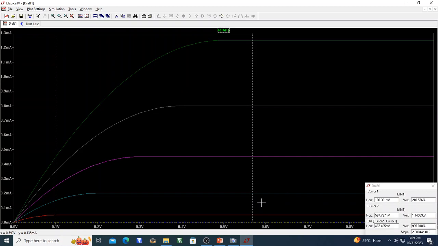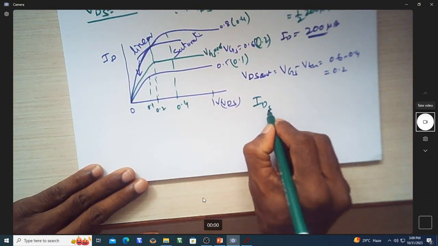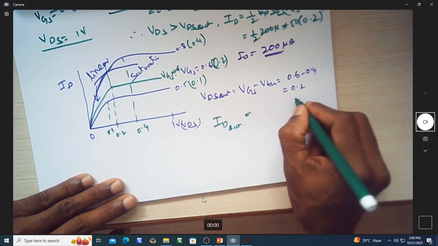So what you can do is, for ID in saturation condition, you can find out what is ID for different VGS.